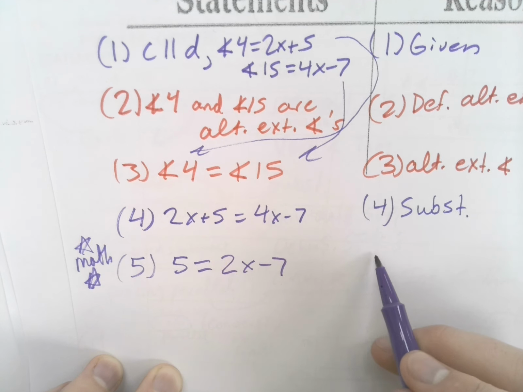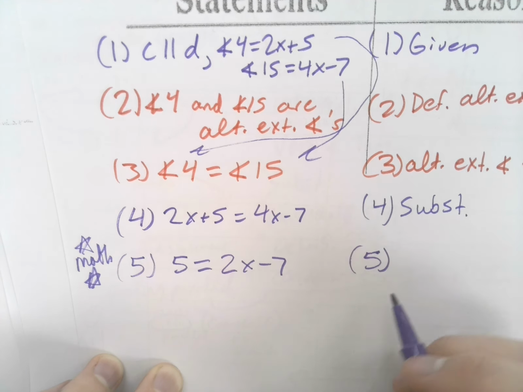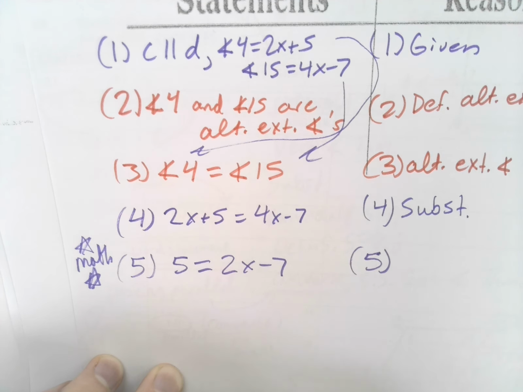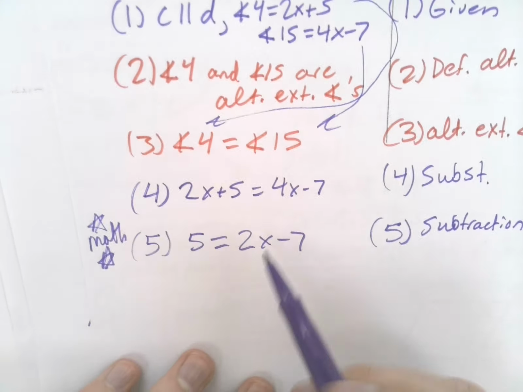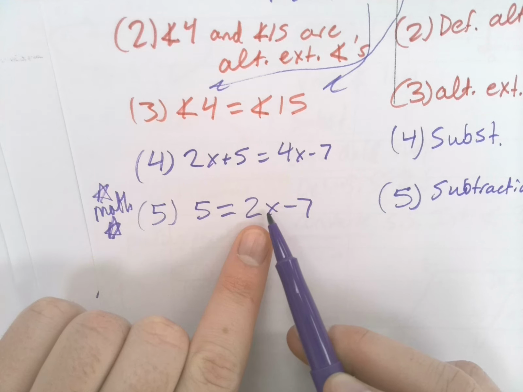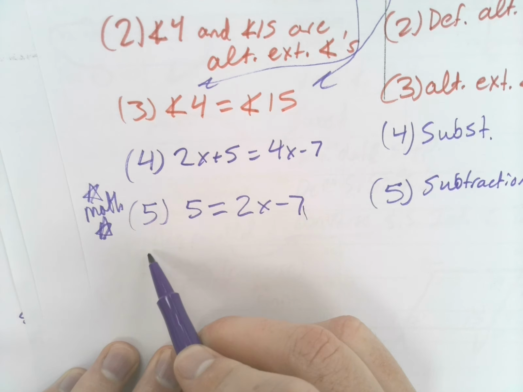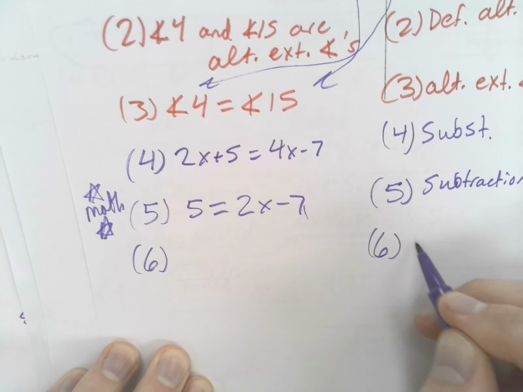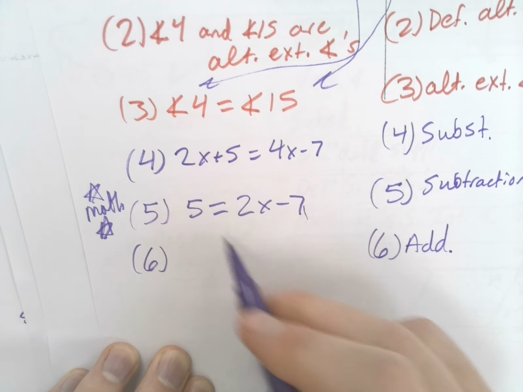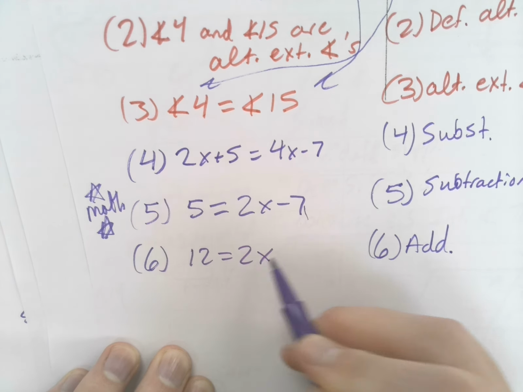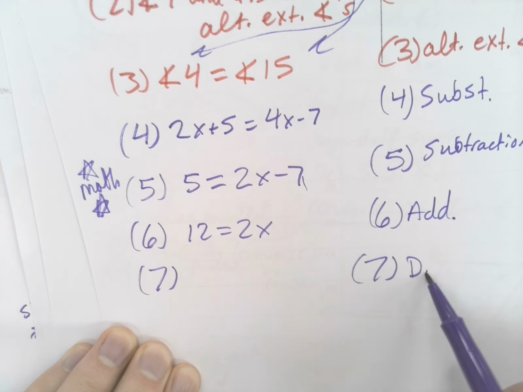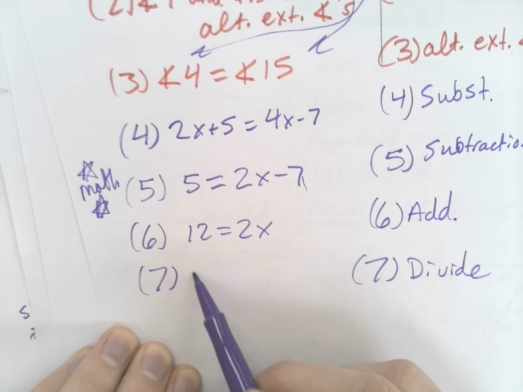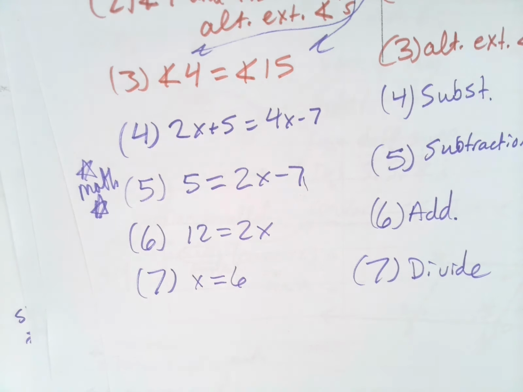And again, we did that by subtracting. Then I'm thinking, if we have 2x over here, we probably need to get that negative 7 over. So let's add that 7 over to get 12 equals 2x. And then finally, we're going to divide to get x equals 6.